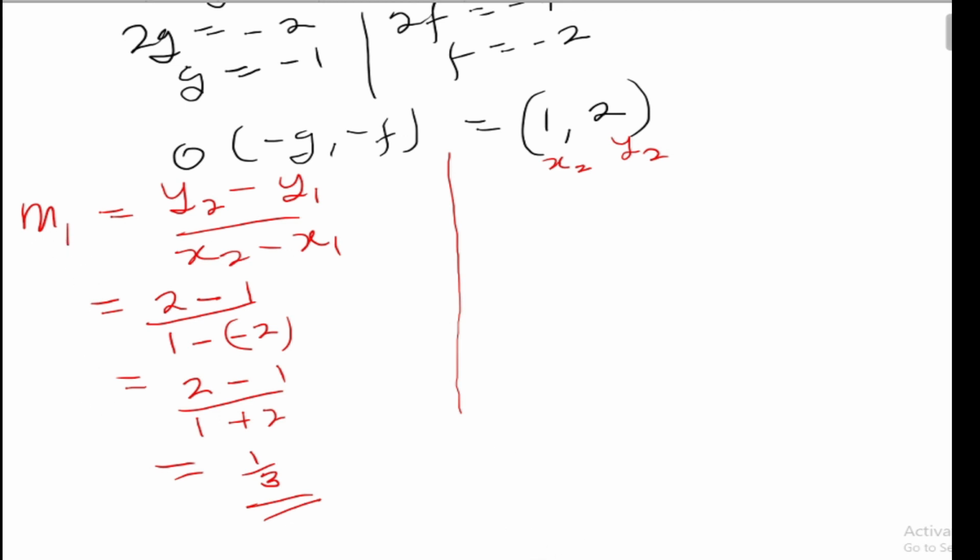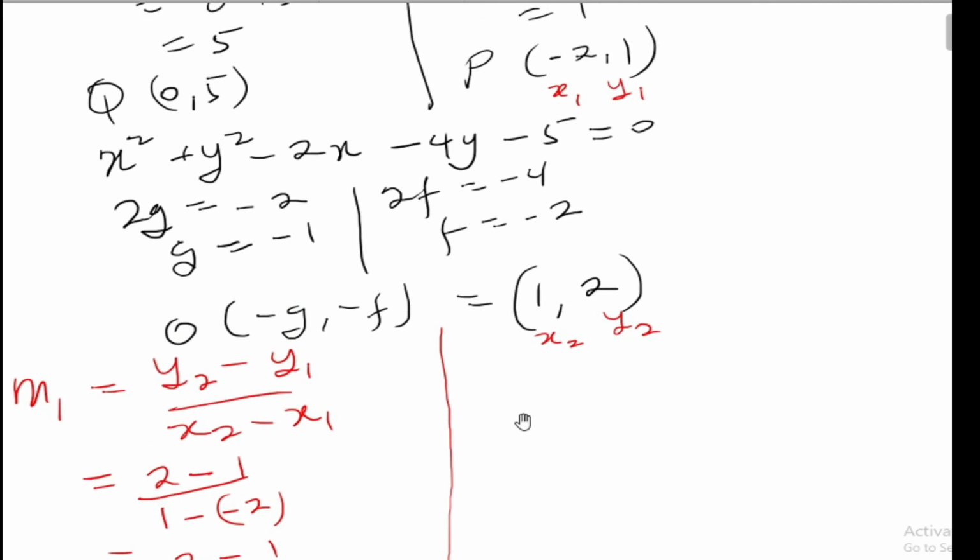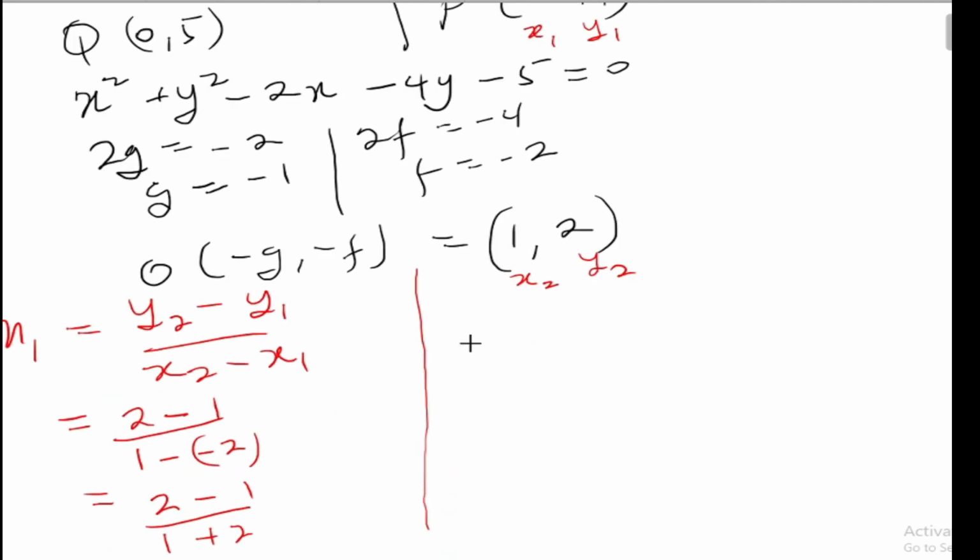And now we move on to the gradient of the line segment QO, which I would like to call M2. And it's the same formula: y2 minus y1 over x2 minus x1. So we are starting all over. Again, this becomes my x1, y1, and this is the second point, x2, y2.